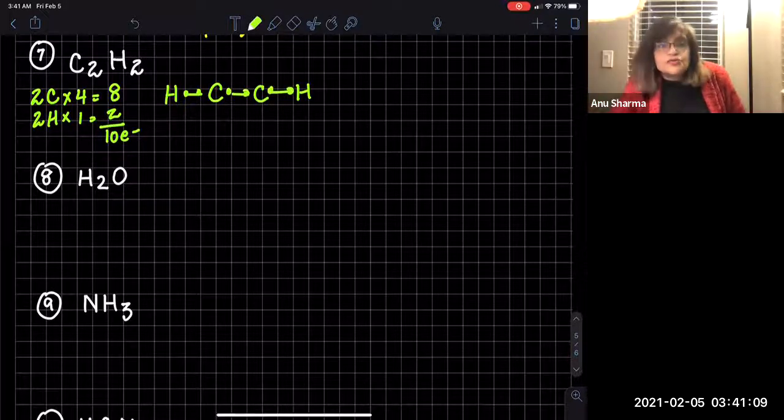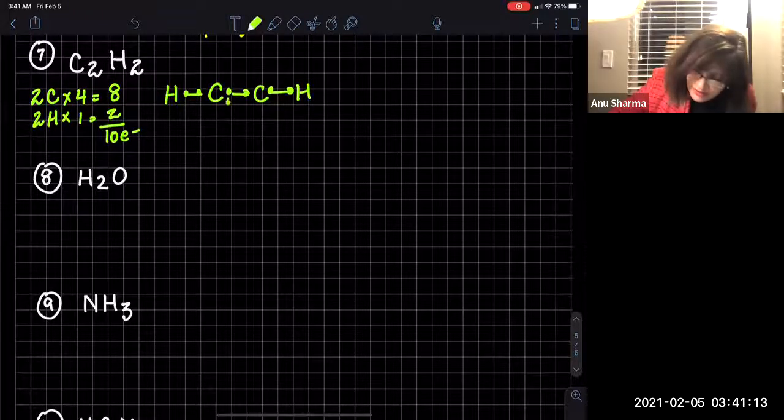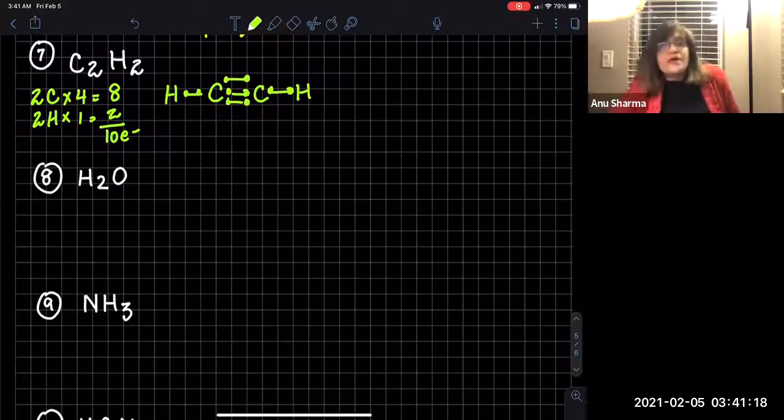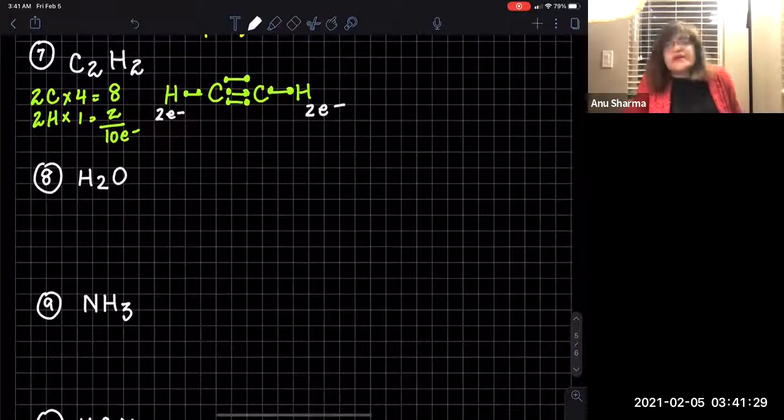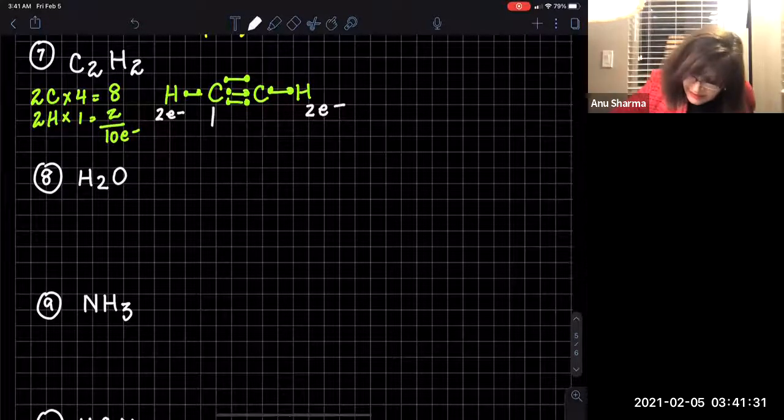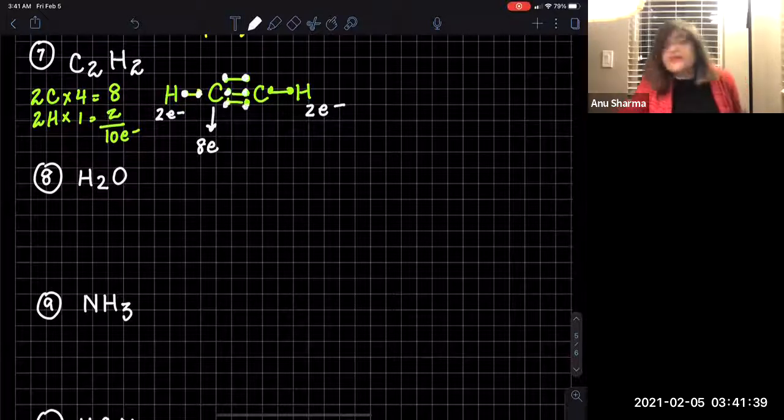6 electrons got used up, and we are left with 4 more. So where are we going to put those 4 more? 1, 2, 3, and 4. Why do we put them there? Because hydrogen is already satisfied. This hydrogen has 2 electrons, and this hydrogen has 2 electrons. Now this carbon has 8 electrons: 1, 2, 3, 4, 5, 6, 7, 8.